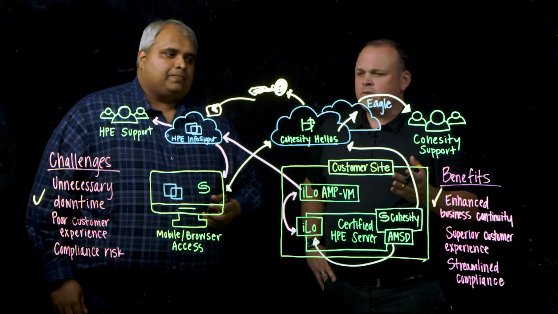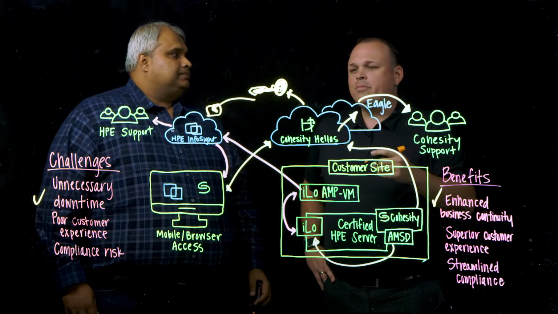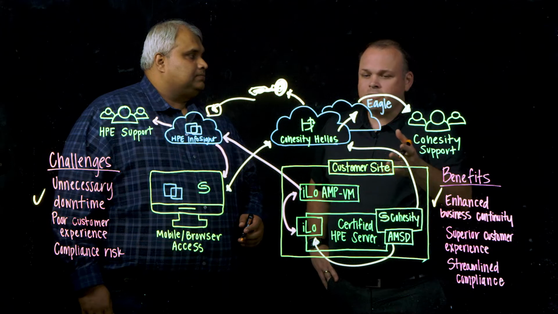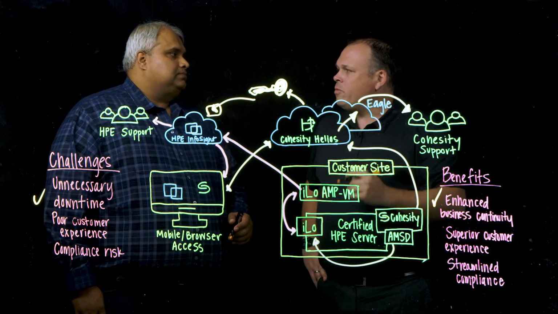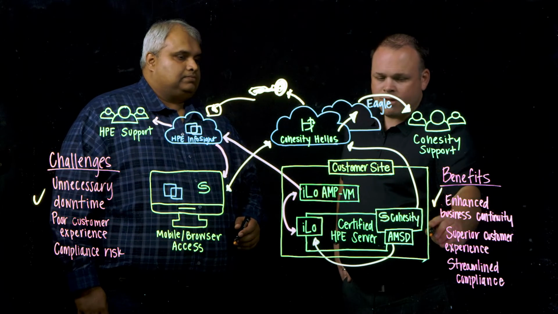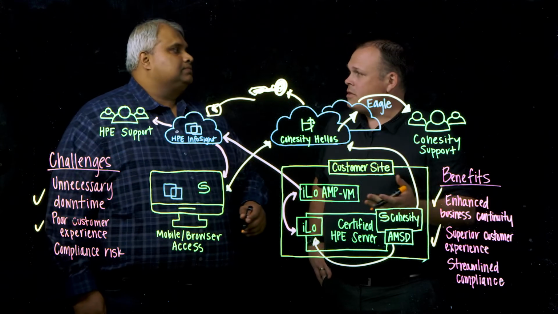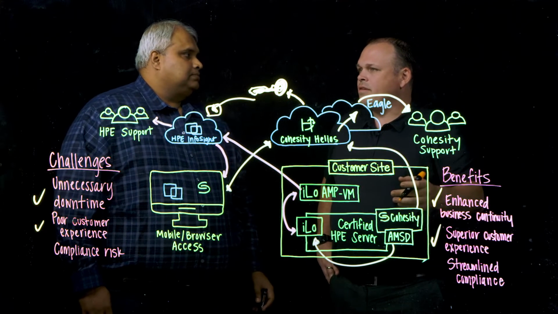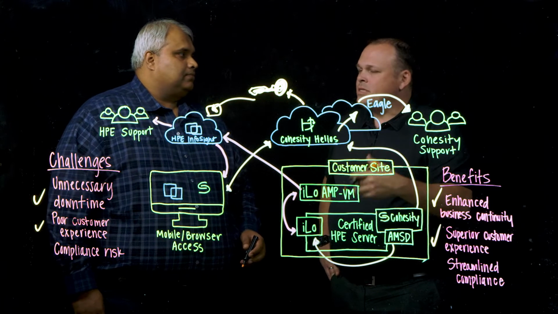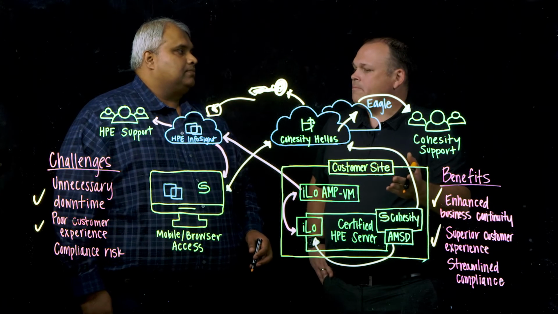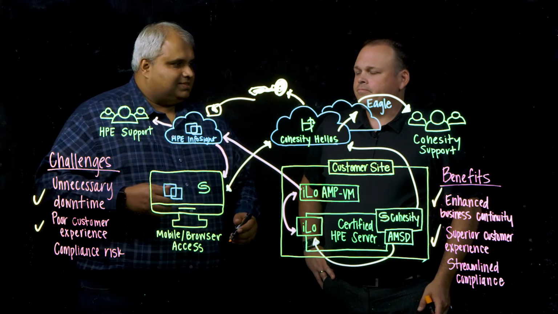Yeah, so one of the things we've done here is we've provided a comprehensive list of all event IDs from Cohesity to the InfoSight team, along with recommended actions for every single one of those events. So we can improve that customer experience so that if, for instance, Cohesity predicts that a disk is going to fail, well, now InfoSight knows what to do with that particular disk, even if it hasn't perhaps smart tripped yet.